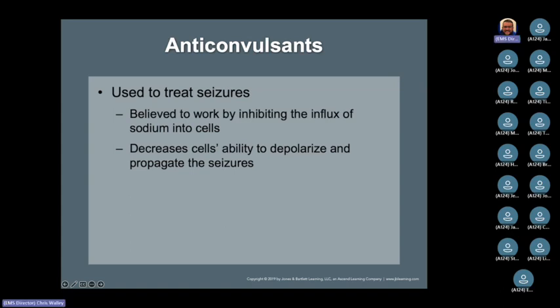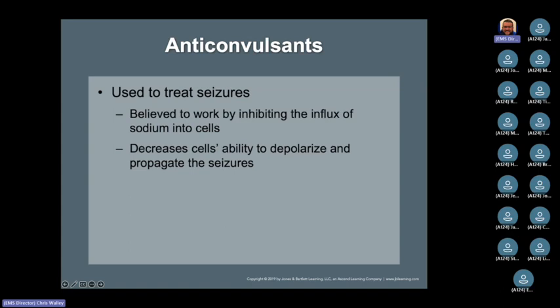We know what the anticonvulsant medications do, but we can't say this is the particular reason. It does decrease the cell's ability to depolarize and propagate those seizures.